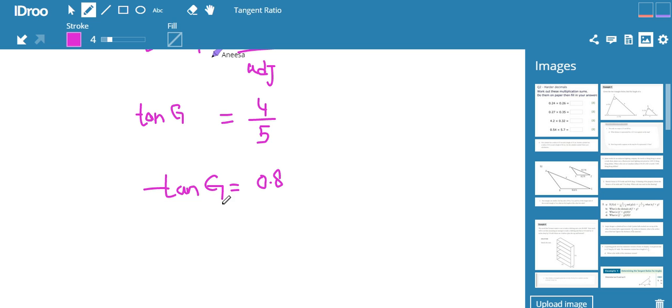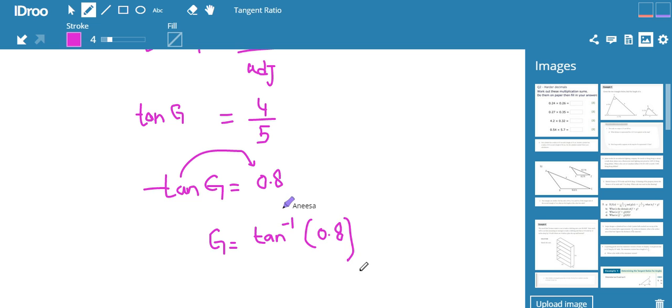To find the value of G, what would you do? Actually, to find the value of G, we have to move this tan over here. As we have to find the value of G, we have to isolate G. So G would equal tangent inverse. Because it's tan to the power of 1 here, it goes on the other side and the power changes. It becomes tangent inverse, and inside is 0.8.